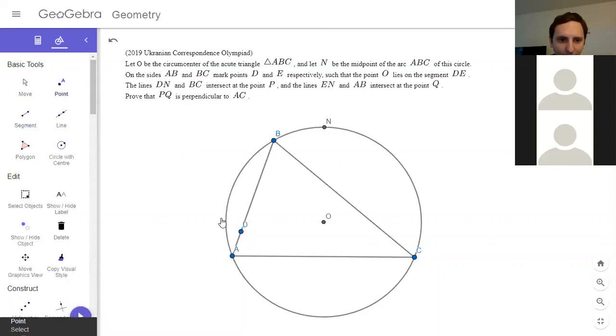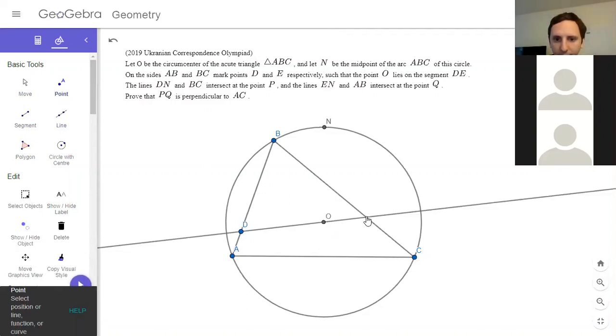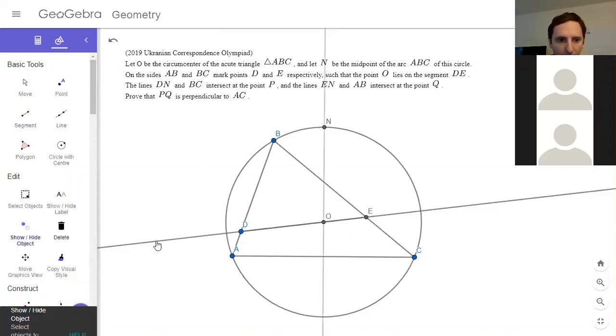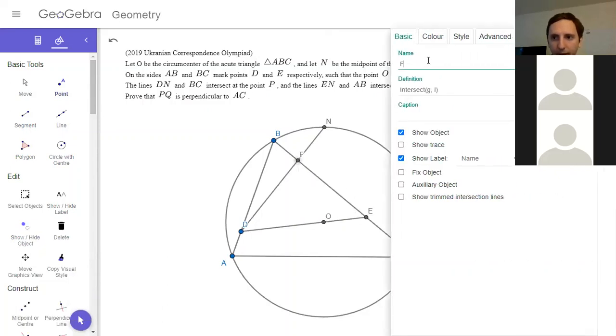Okay, so that's D, and that's E. And then BN and BC intersect at P. And EN and AB intersect at Q.